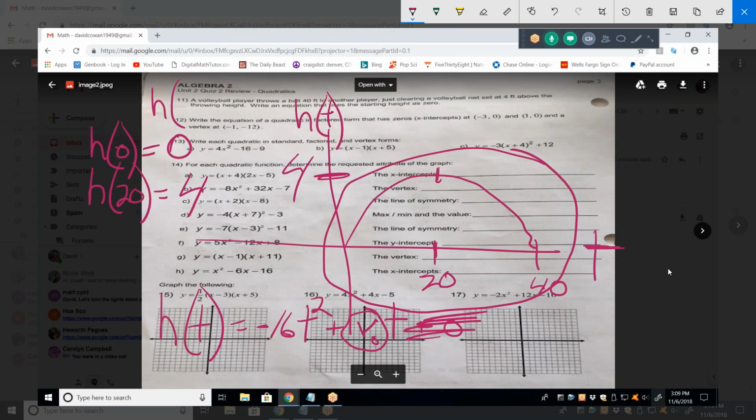Okay. And guess what? That's going to let me solve for v sub 0. Because if I know that h of 20, up here in the upper right, equals 4, well, that means 4 equals minus 16 times 4 squared plus v sub 0 times 4.